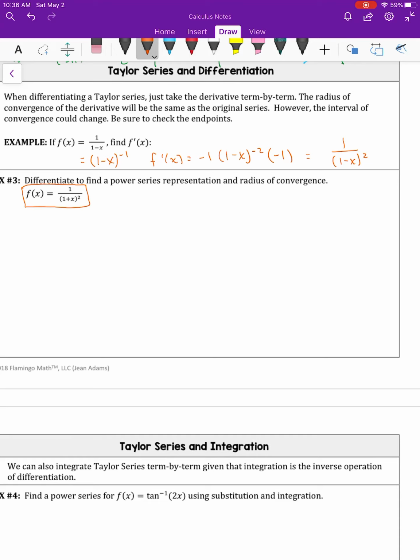So I'm thinking that possibly this function right here, in example number 3, is going to look something like 1 over 1 plus x.